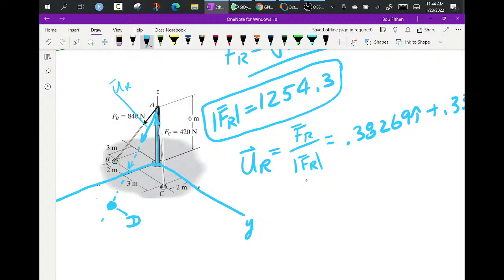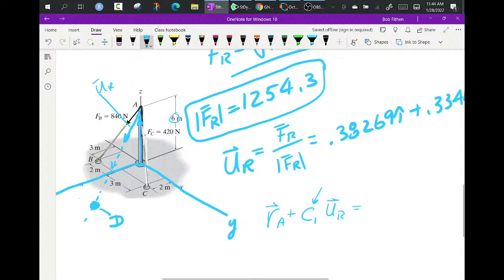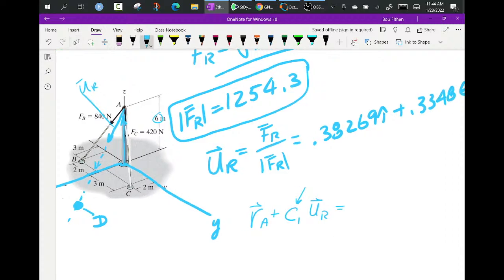This thing is 6 foot tall, so I have my vector RA plus some constant times the unit vector in R, and I'm going to add those two together, and I'm going to get the vector that's out here that's going to D.